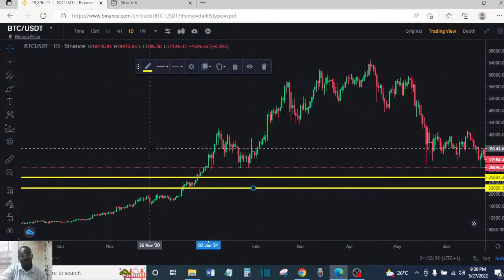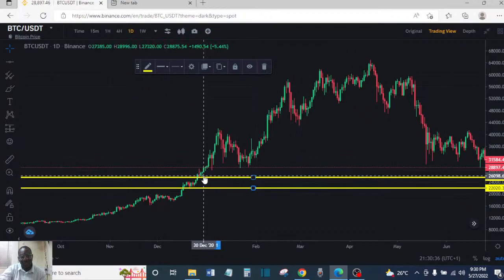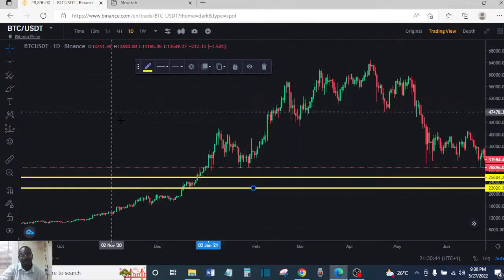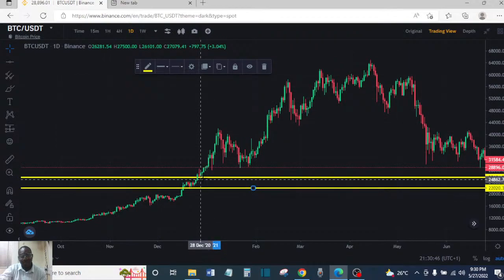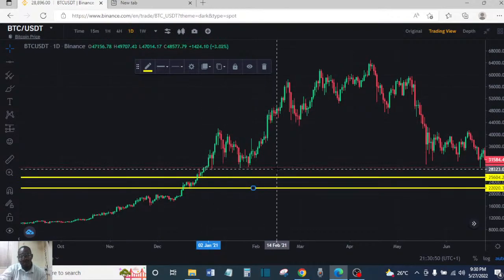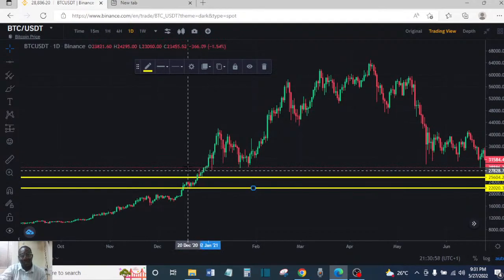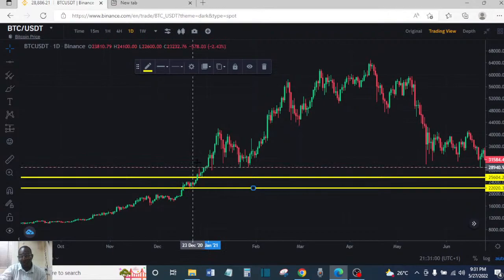In BTC BUSD, this point has been cleared out and price already got to 24,500, but in BTC USDT price is around 26,500. So there's a difference of $2,000 there.